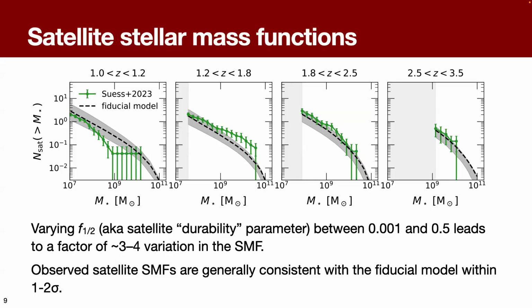So you can see our fiducial model over predicts the normalization here and maybe under predicts at the higher redshift. But more work definitely needs to be done before we can say anything for certain about that.